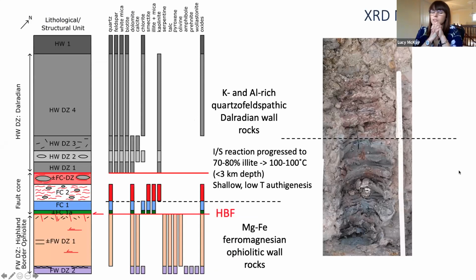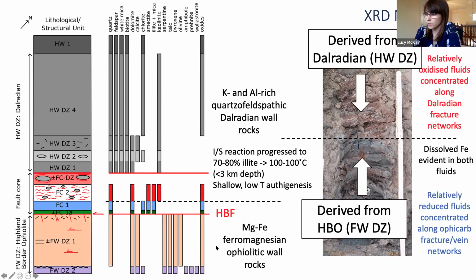But one other thing to note from the fault core is the mineralogy of it. XRD revealed that the mineralogy of the blue gouge and the green gouge was illite, smectite and chlorite, and that's consistent with the Highland Border Ophiolite.